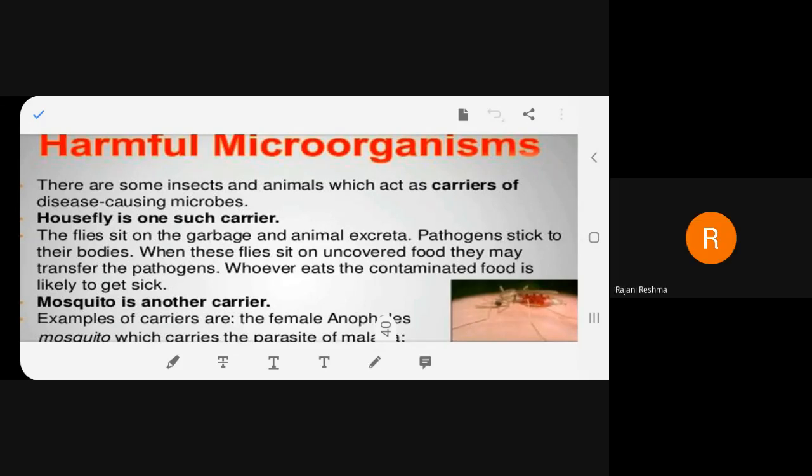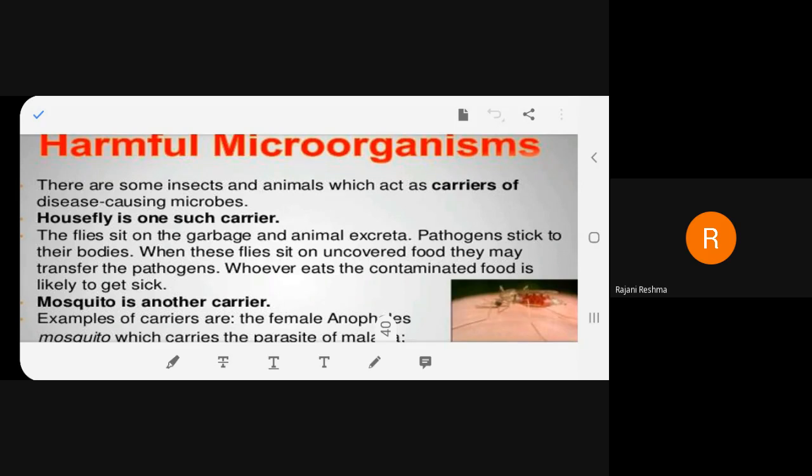Harmful microorganisms. There are some insects and animals which can act as carriers of disease-causing microbes. Again, you are breaking in between. Hello, Sakina. Do not stop in between the words.